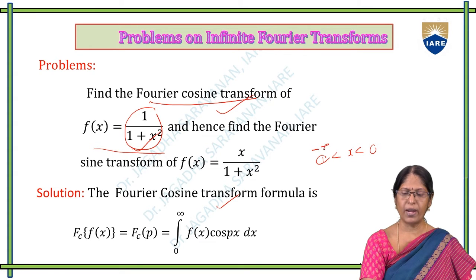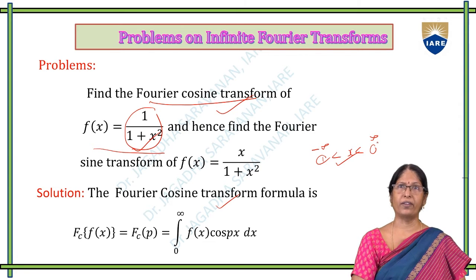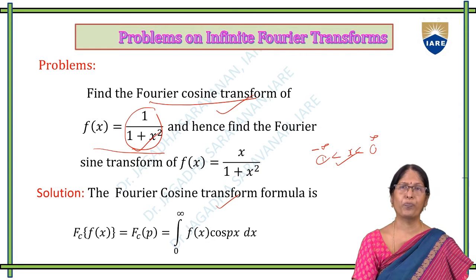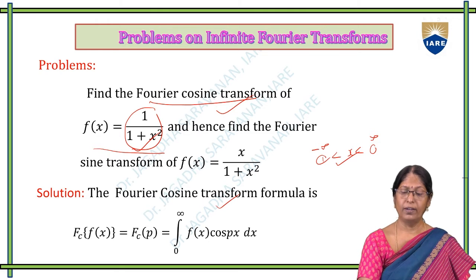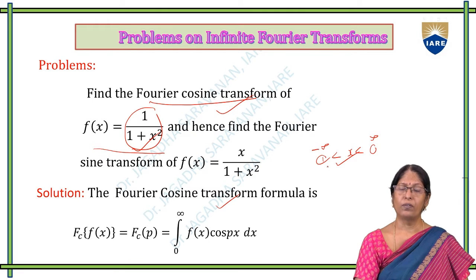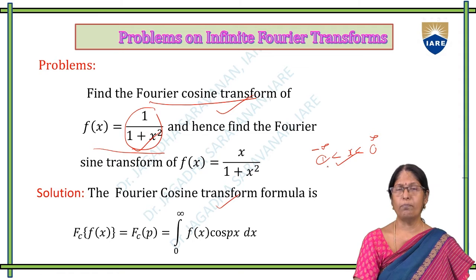If it is mentioned as minus infinity to infinity, then we will select the infinite Fourier transform. But if neither finite nor infinite is mentioned and only the function is given, by default we can select the infinite Fourier transform.